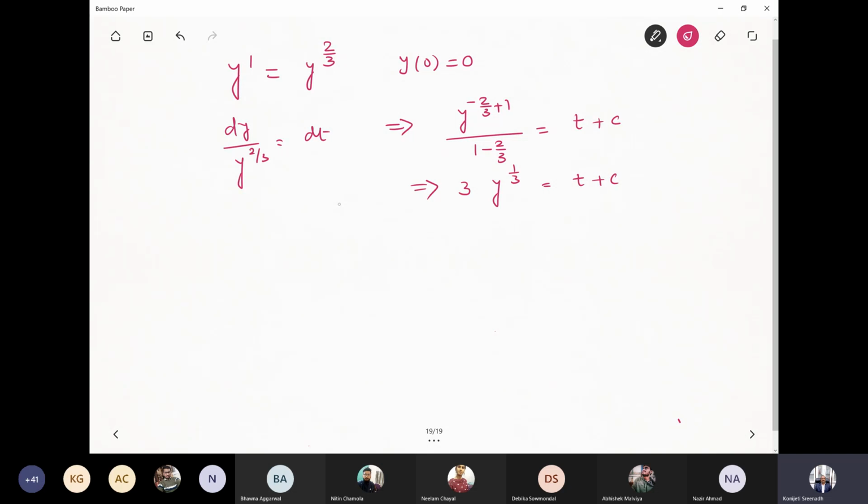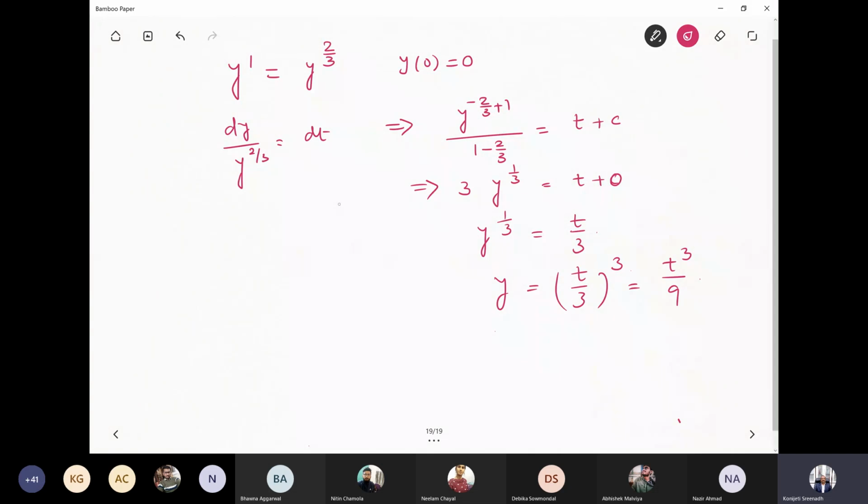Y at 0 is 0 implies c is 0. Therefore, y power 1 by 3 equals to t by 3. So therefore, y equals to t by 3. Is that fine? Or t cube, yes, t cube by 9. Okay, now I also know how to solve by separation of variables. T cube by 27. T cube by 9. Okay, good.